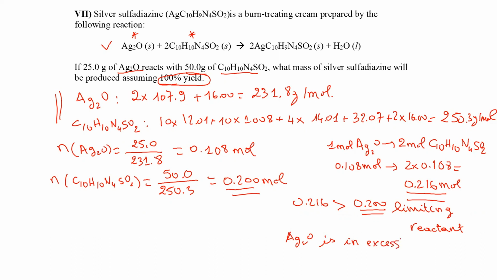So which reactant will determine the mass of my product? This one. So this is my limiting reactant. Okay. And I already calculated the number of moles. So I will use it to calculate the yield of silver sulfadiazine. So let's do that.